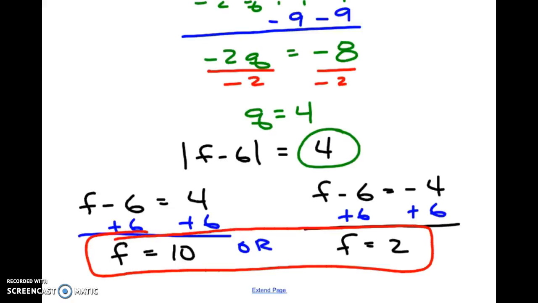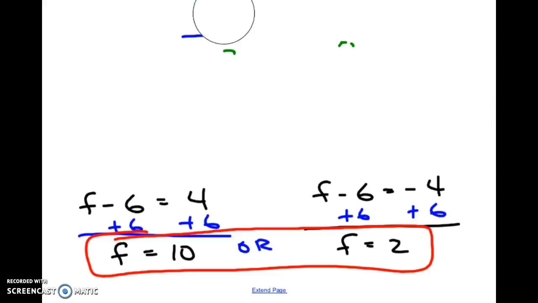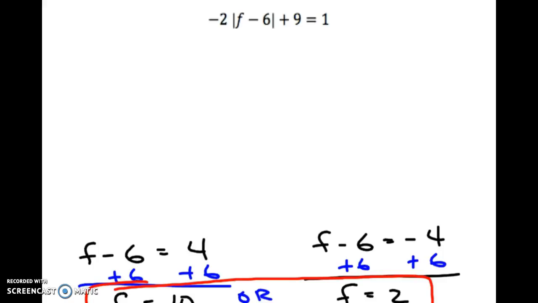Now, some people may be saying, boy, we did a whole lot of math there. We sure that really works? So let's go back and check this one out. So let's get rid of all this extra stuff. And let's check out that 10 and 2 by plugging them back in. Let's start with the 10.